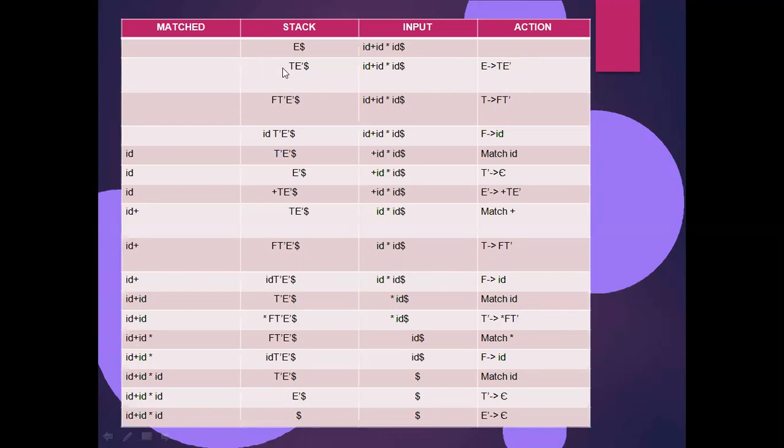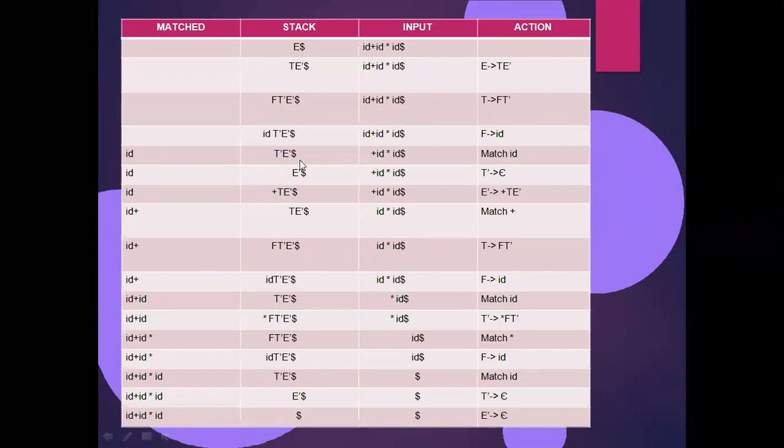And here F tends to ID, so this ID is pushed into the stack in the place of F. Now both in the stack and in the input buffer we match the ID, so pop the terminal. Then the remaining non-terminals in the stack are T dash E dash, and the remaining input string is plus ID star ID, right?